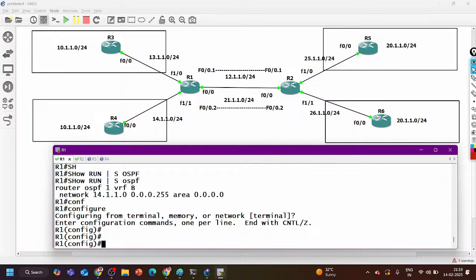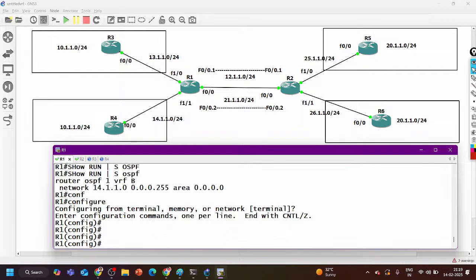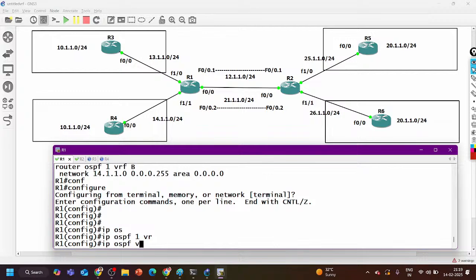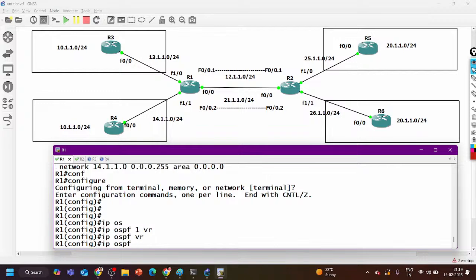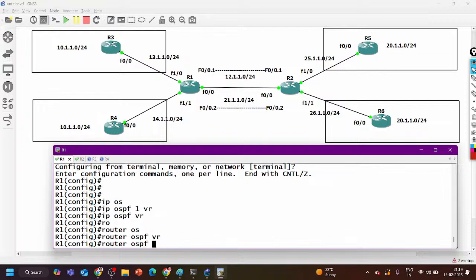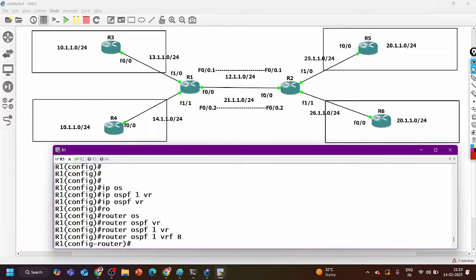Even if I run the 0.0.0.0 command, it will only advertise F1/1 and F0/0.2, because these are the only two interfaces in VRF B. So router OSPF 1 for VRF B and network 21.1.1.0 0.0.0.255.